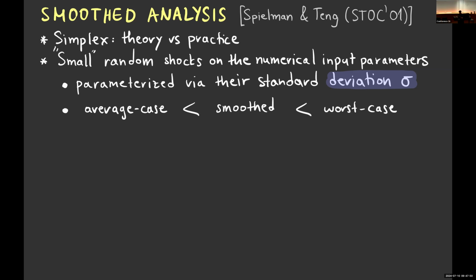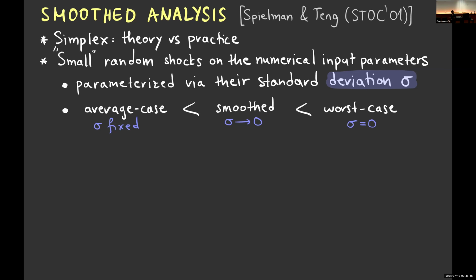And now, in this way, you can very nicely interpolate between various models of complexity analysis. So, first of all, if you have sigma equals 0, you have no noise, it's the standard worst-case analysis. If you have a fixed sigma, it's just a probabilistic analysis model, an expectation analysis. And what we like here, smoothness, is in between, and I would say towards worst case.